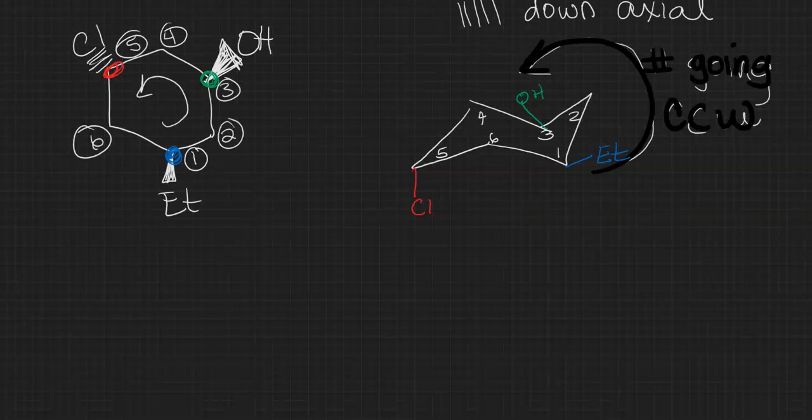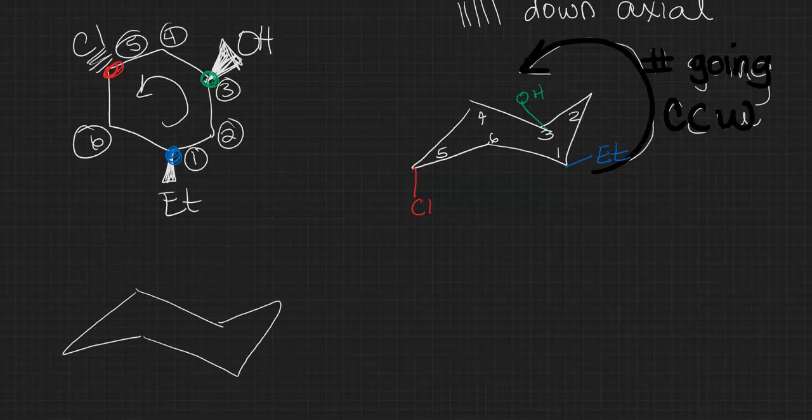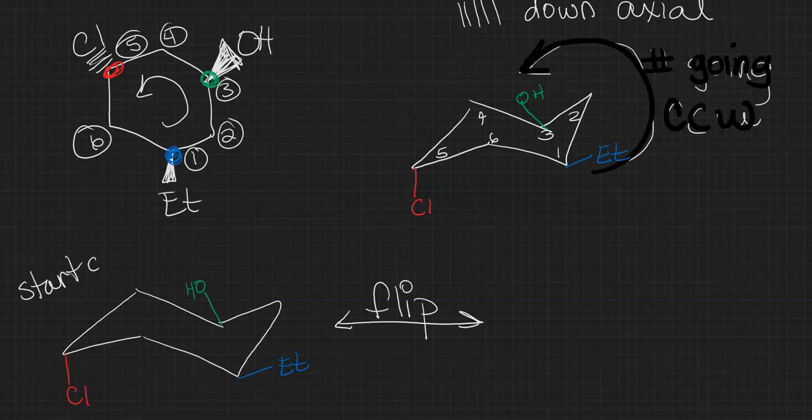So let's take our chair that we just drew. And what I am going to do is show you how we are going to flip this ring. So we numbered going counterclockwise, so we're going to start CCW.